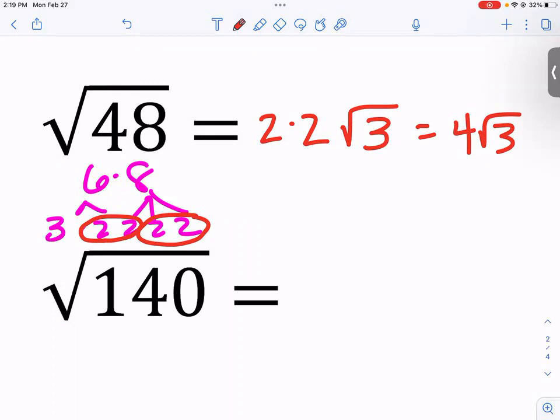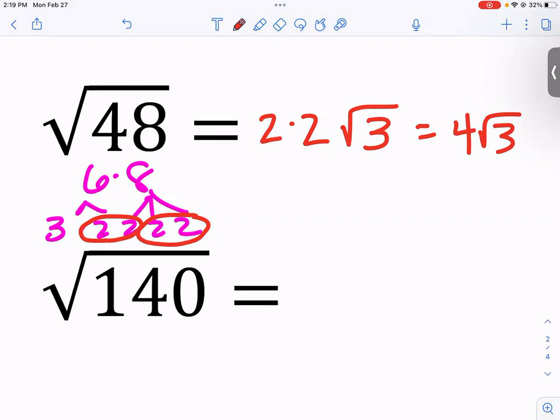I think that the most straightforward way to simplify these is to find the biggest perfect square that factors out of your number. But if you are struggling with that, then if you get it into its prime factorization, you can find the squares to pull out.